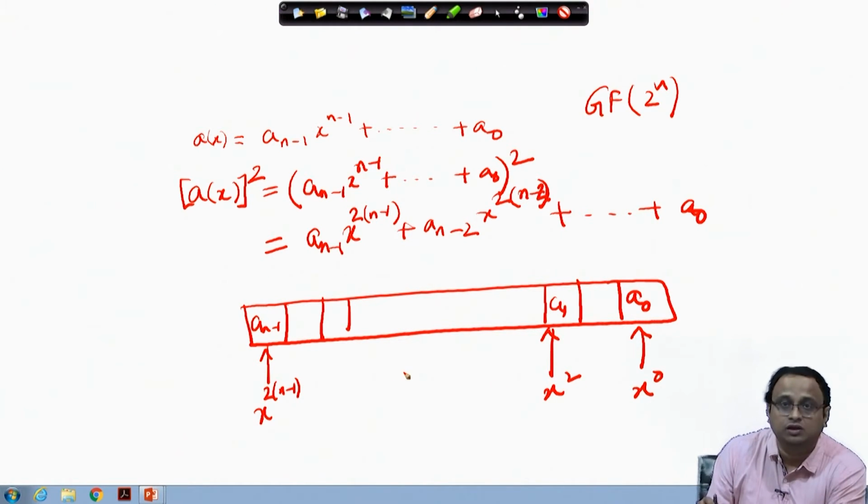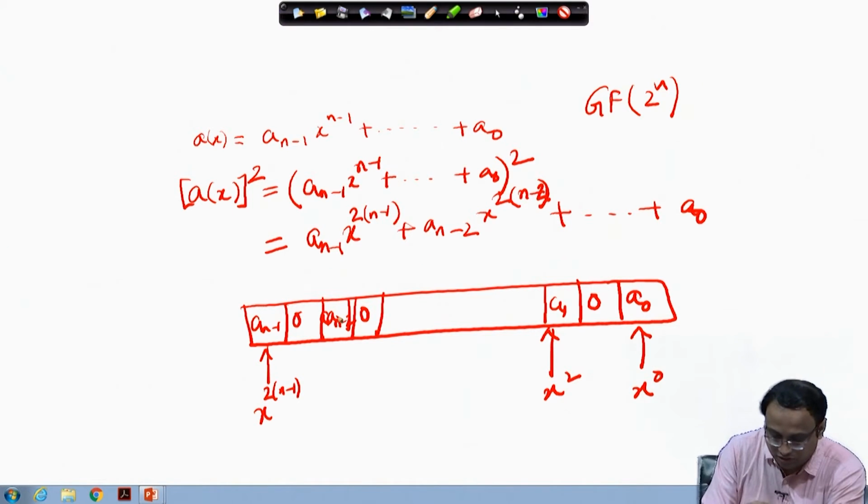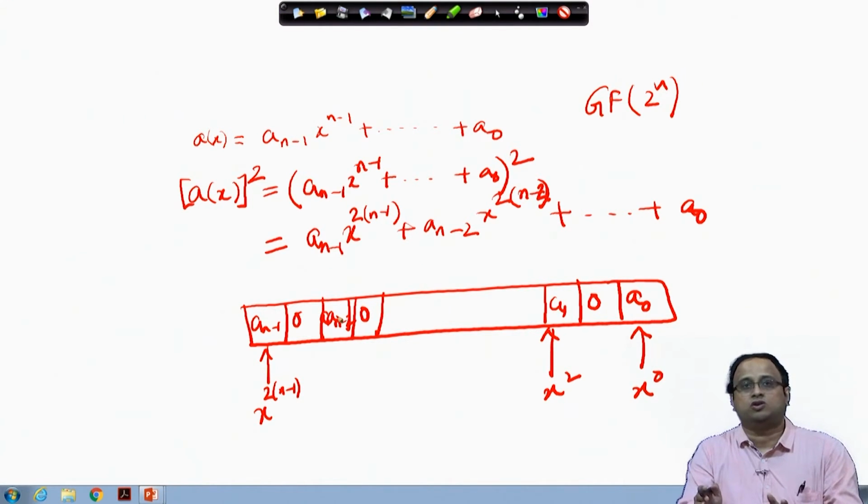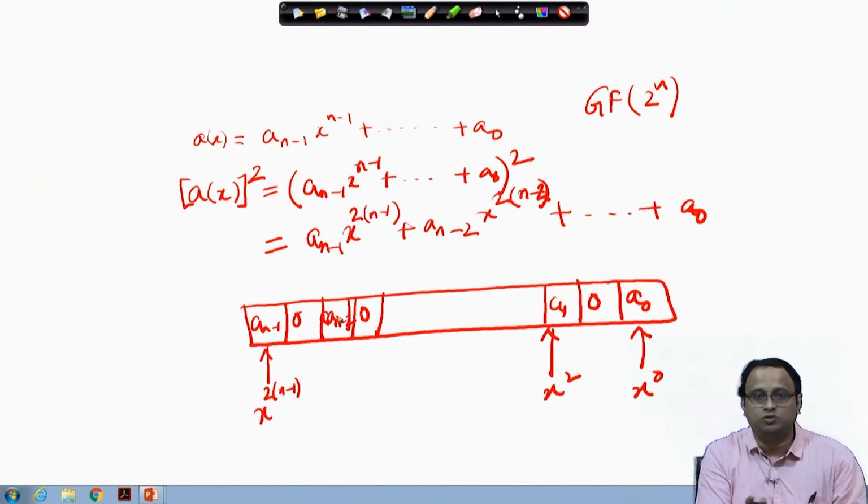These are all even degree terms, whereas the in-between ones are 0. So what you basically get is that you take the original coefficients and interpose them with zeros, and that is your a(x) squared.